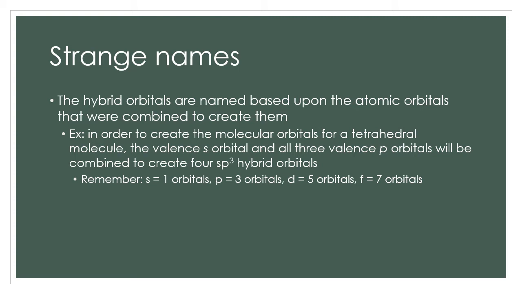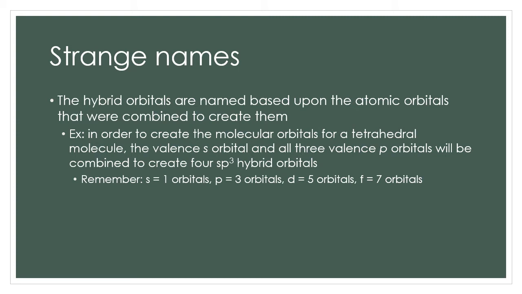So for example, if we consider our tetrahedral molecules once more, in order to create the 4 that we need for the tetrahedral molecule, we're going to take 1 valence s orbital and all 3 of the valence p orbitals to make 4 sp3 hybrids, named for the 4 things that make it up, an s and 3 p.